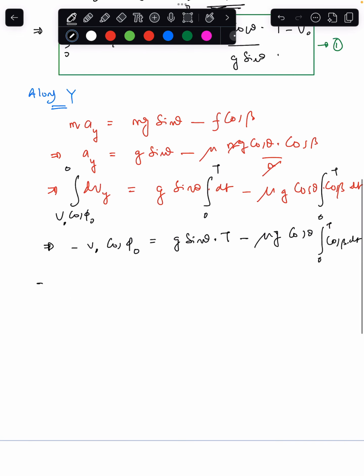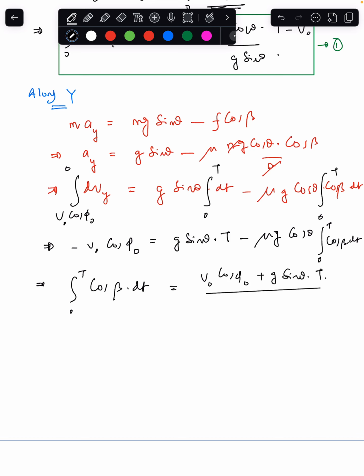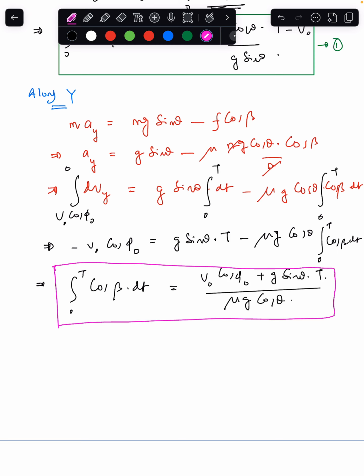Again, we are getting integration 0 to t cos beta dt, and everything will be positive. So we can write (v naught cos phi naught plus g sine theta into t) divided by mu g cos theta. So this is my equation number 2.